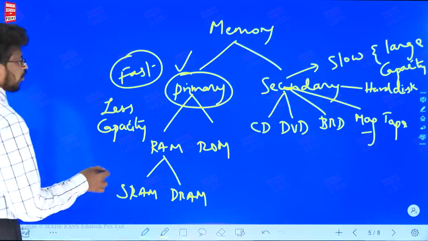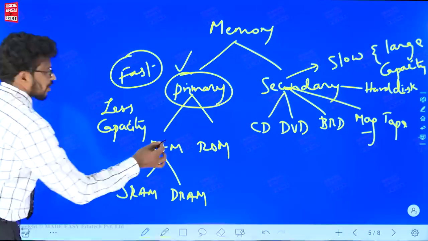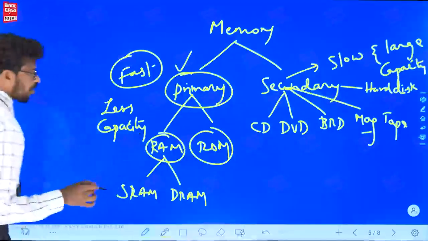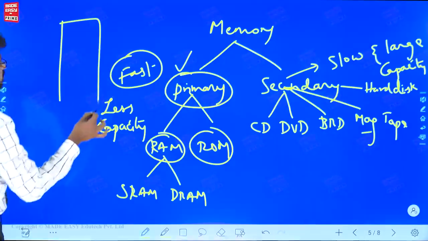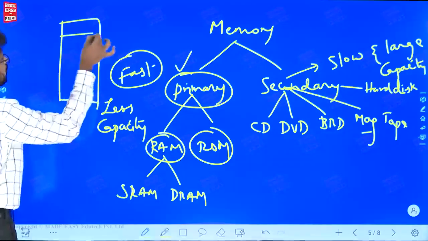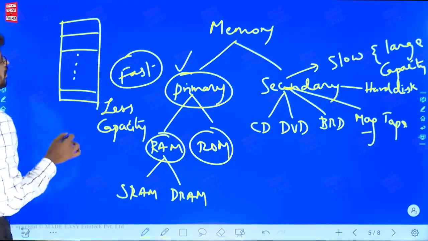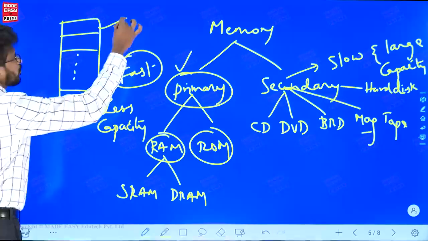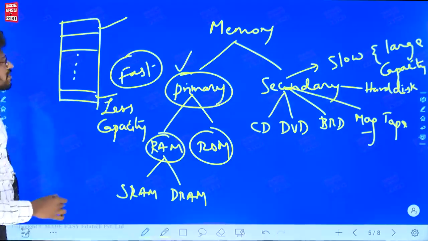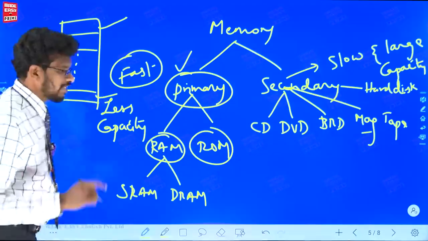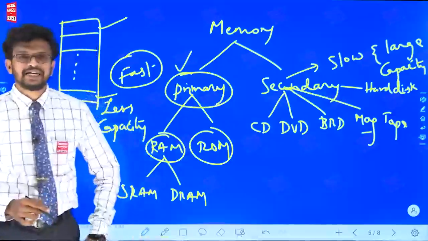Now in that scenario, whether it is RAM or ROM, both are random in nature. Let us say this is some memory having some memory locations with some data. The time taken to access the first location or the last location is the same. That is the actual meaning of random access memory.